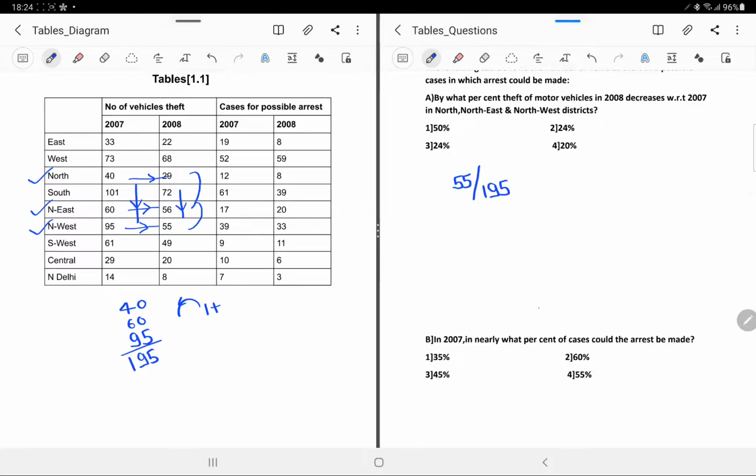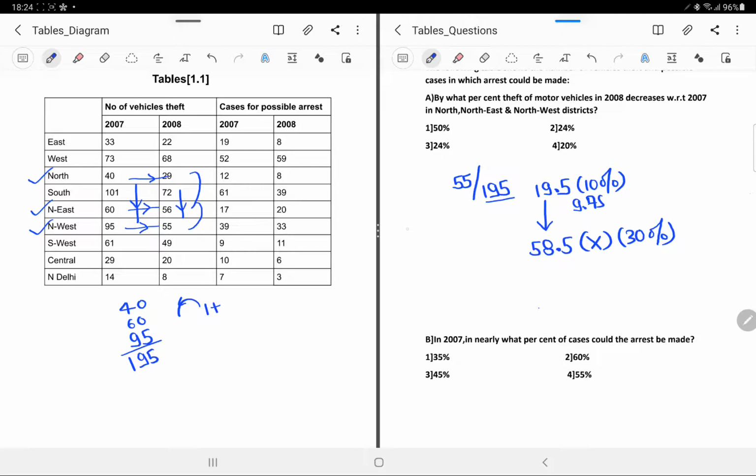Since they are asking in percentages, 10% of 195 would be 19.5. So 55 would be somewhere... it could not be 30%. 10% of it is 19.5, so 30% of that would be 57, 57 plus 1.5, 58.5. So this is not the case; it is something less than 30%. Then 19.5, so what is 5% of it? It is somewhere like 9.75.